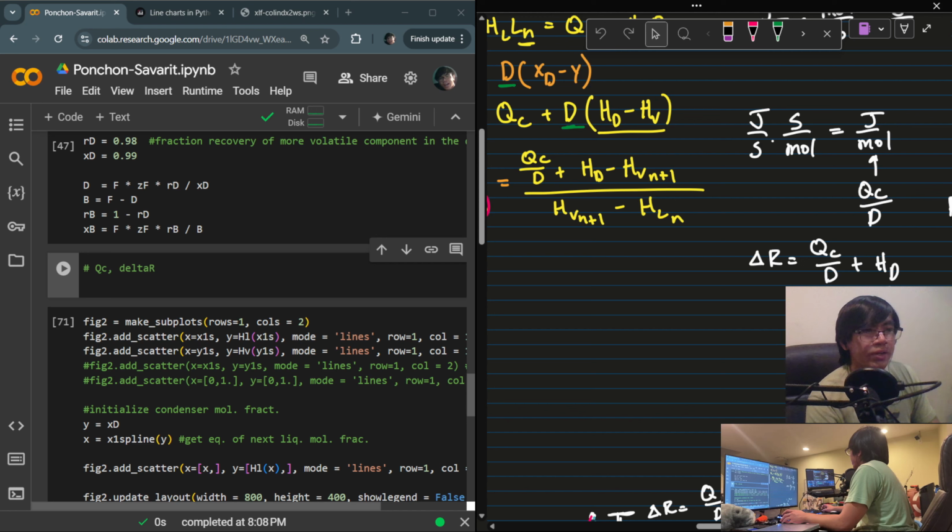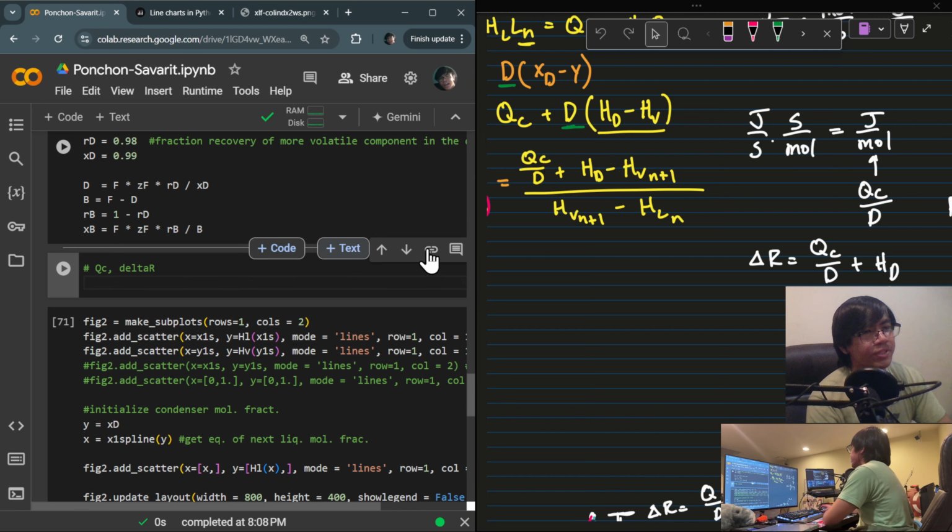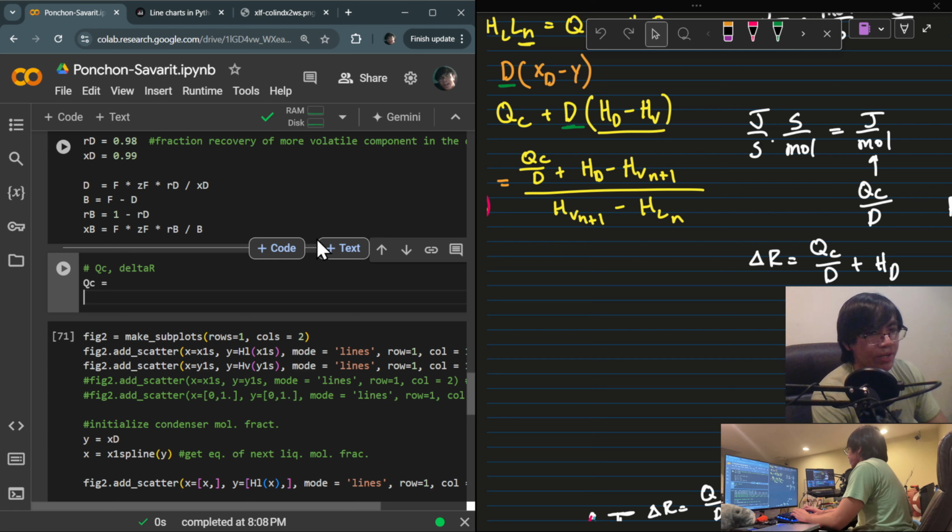We do need QC. I will need to write on my iPad, but we can define our delta R, and know that we'll also need to define our QC. I'll have a QC ready for us when we derive that. Well, not really derive, it's from an energy balance. But delta R is equal to QC over D. Remember, distillate is already defined.